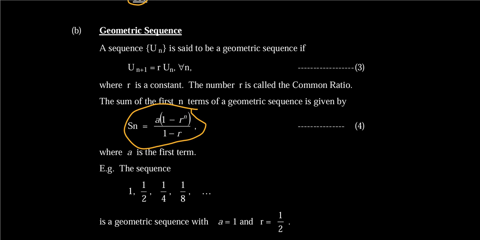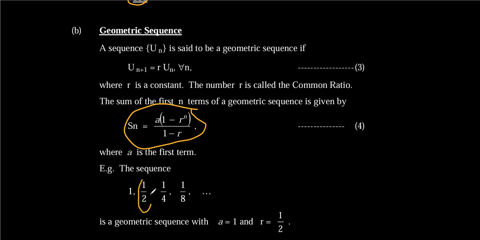So for example, you are given the sequence 1, 1 over 2, 1 over 4, 1 over 8. Usually you don't just go and say the sequence is geometric. Try and test.